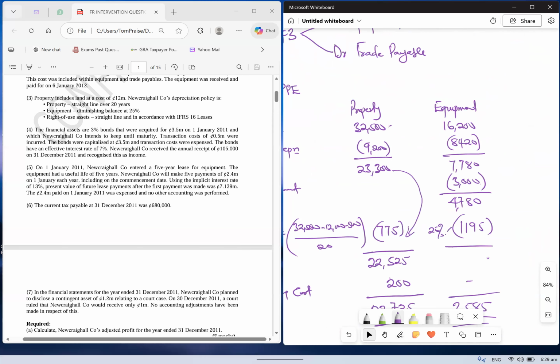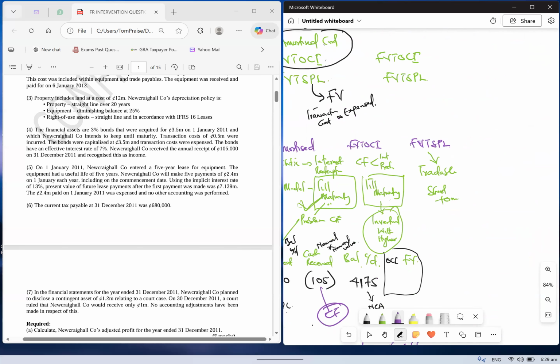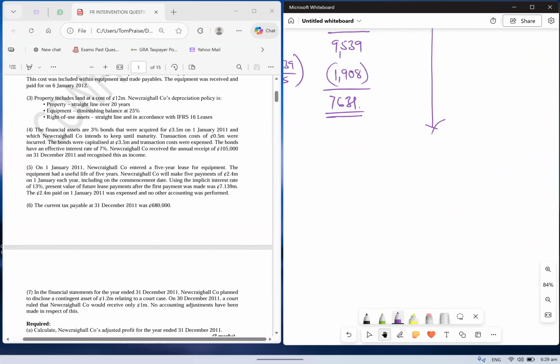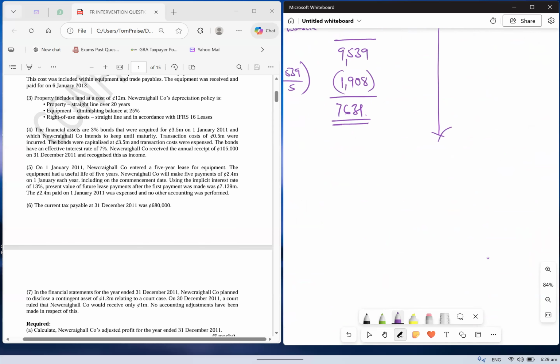So we will take away the depreciation. We will just do the subsequent measurement for the liability. For that one you always have to do 2 years so that you can have your lease liability done. So always remember to do 2 years. This lease happened on 1st January, so you do 2011 and 2012.